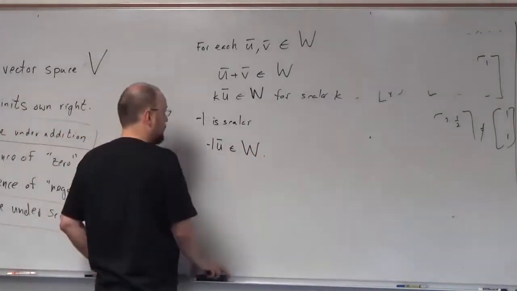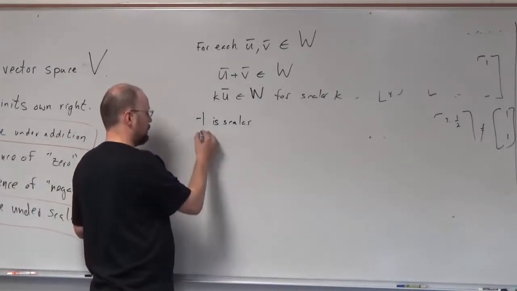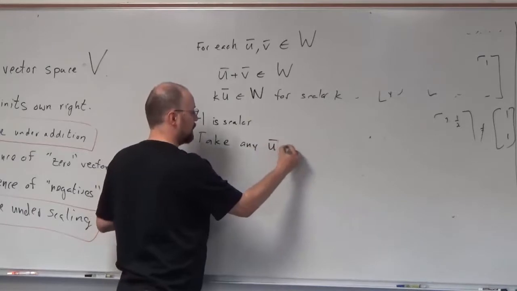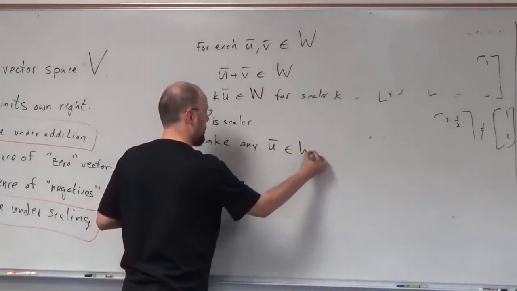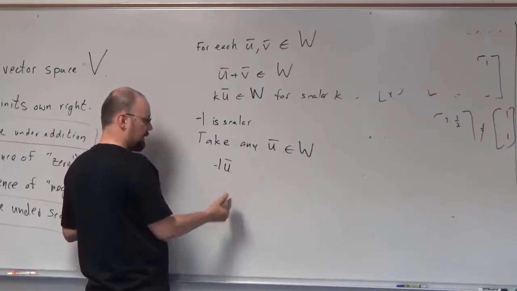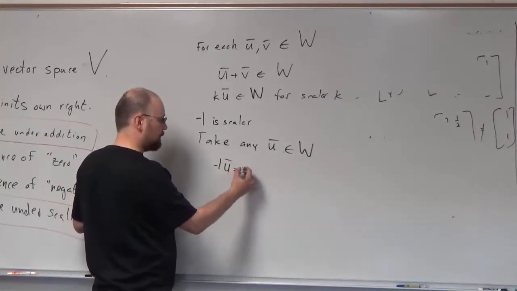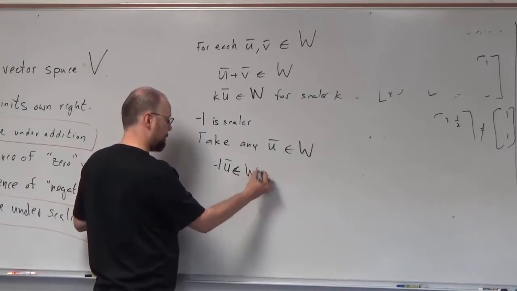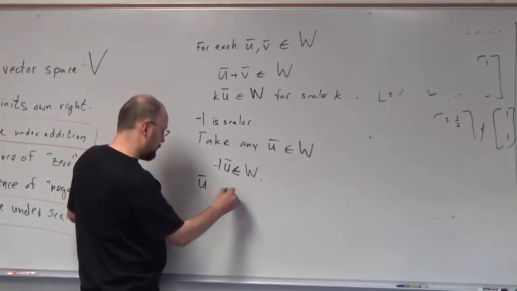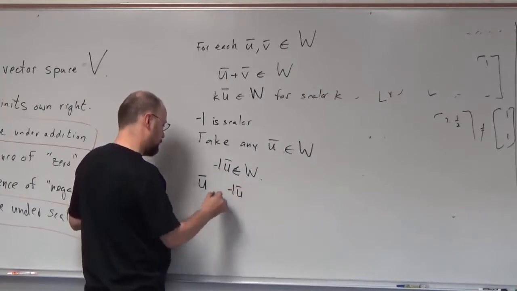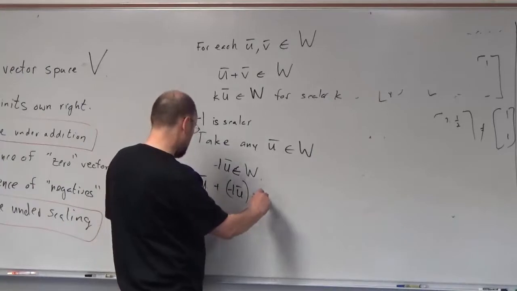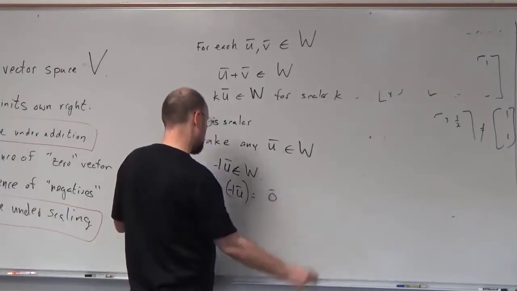So I should say, take any vector u in W. Then because we have closure under scaling, -1 times the vector u is also in W. But then we have u and minus u being in W. So if you add these, this will be 0.